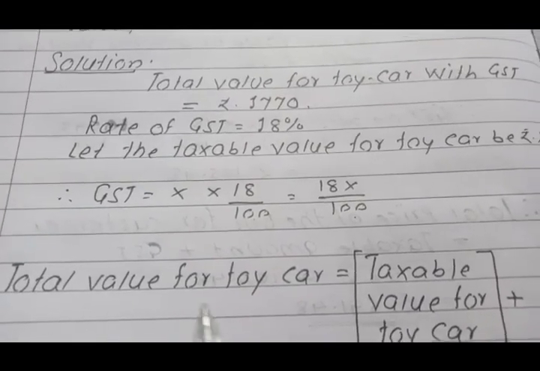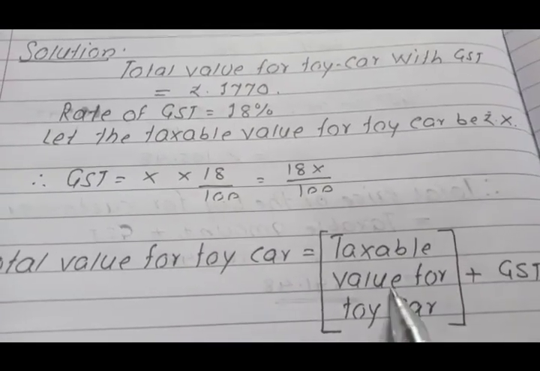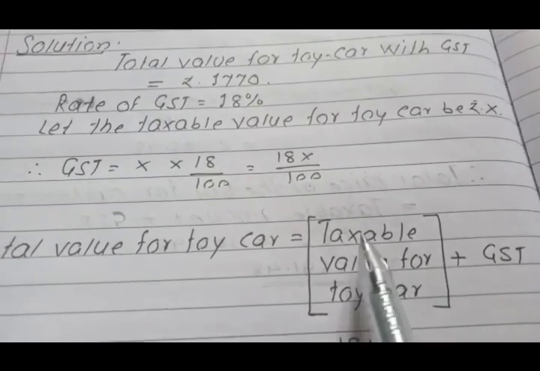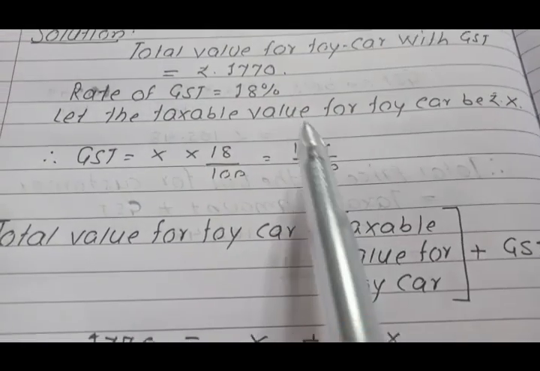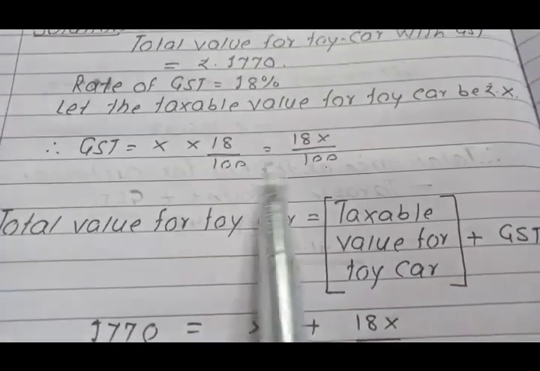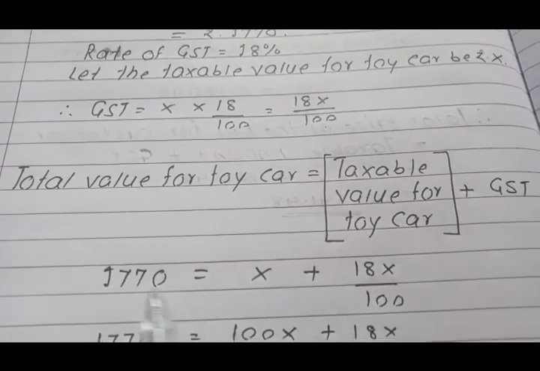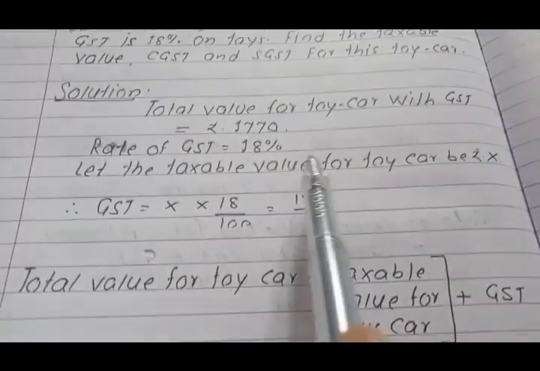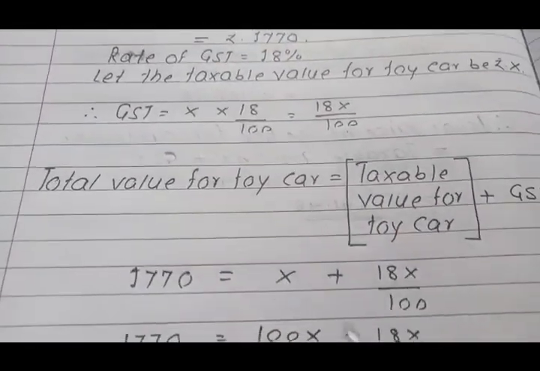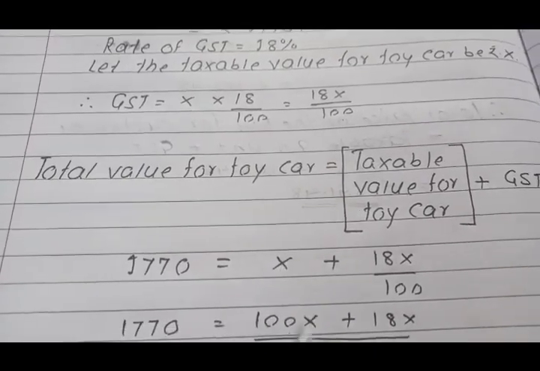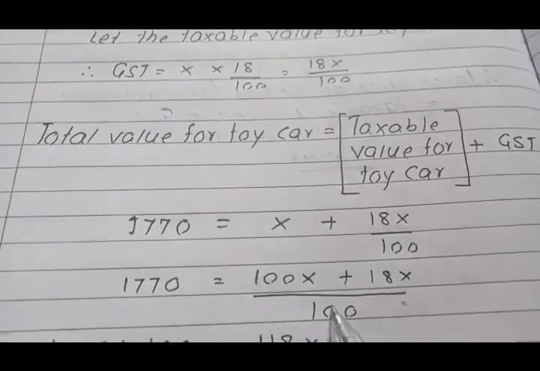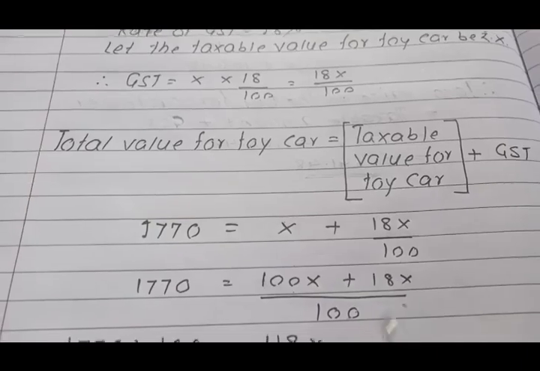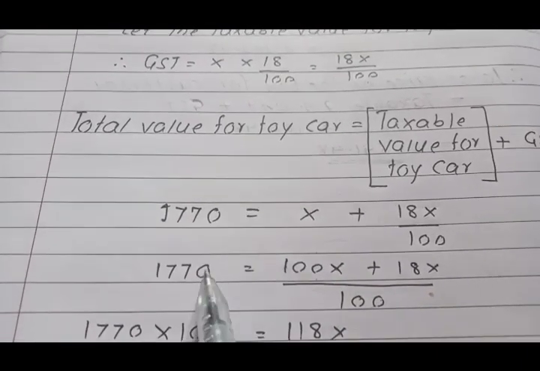Formula: total value for toy car equal to tax value for toy car plus GST. Tax value for toy car here x and GST 18x upon 100, and total value of toy car 1770. Then cross multiply, 100 into x, 100x, 18x, 100. Then 100x plus 18x, 118x, this 100 multiply.